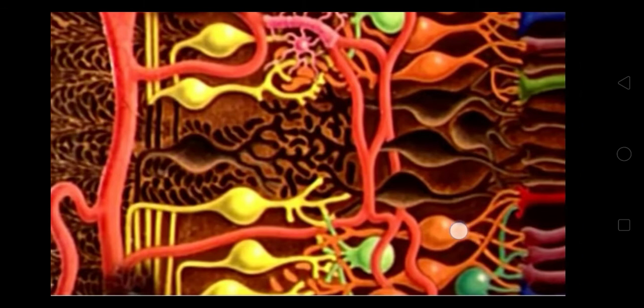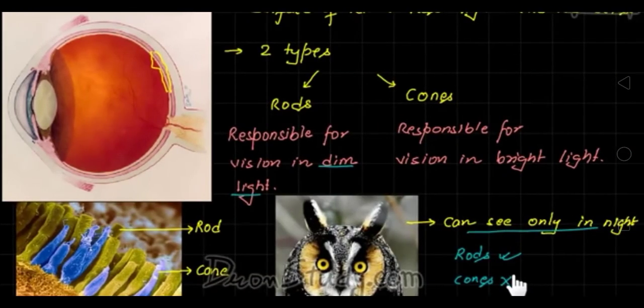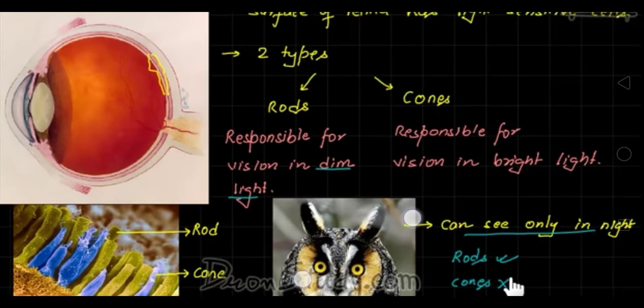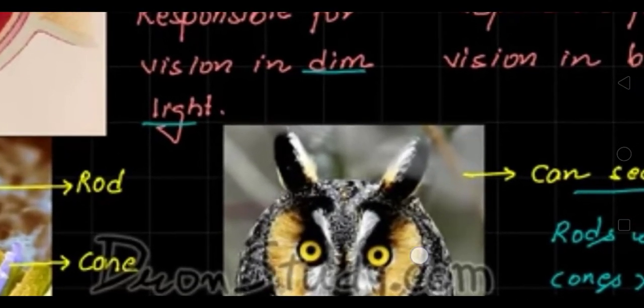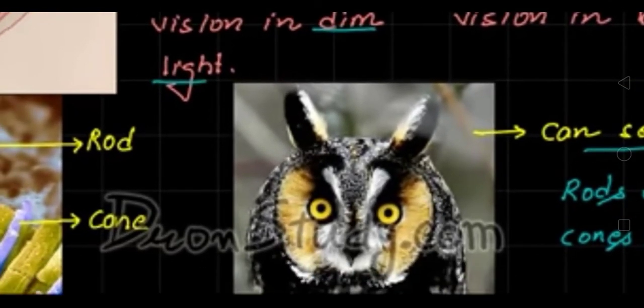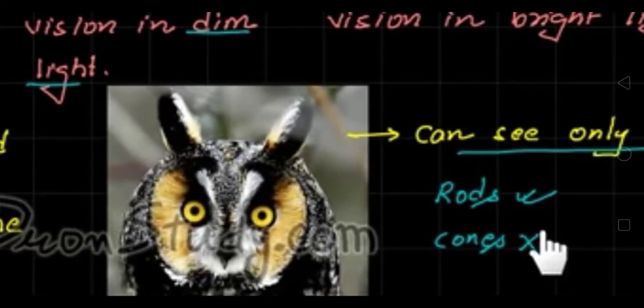We will take one example: the owl. You can see the owl has an enlarged pupil, and the owl has rod shaped cells in maximum number and fewer cone cells.